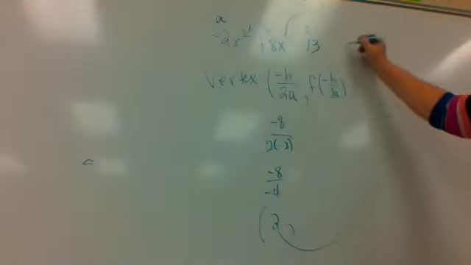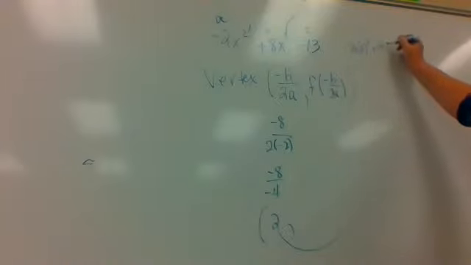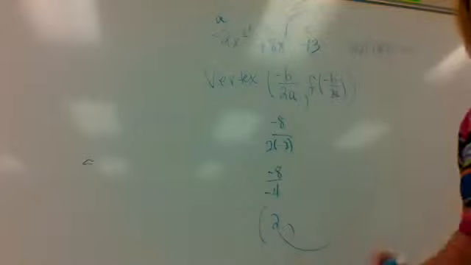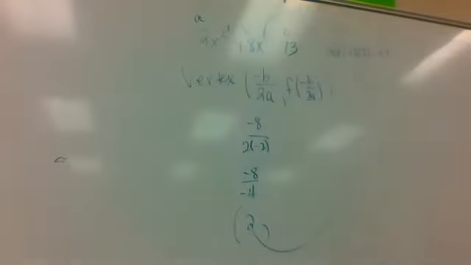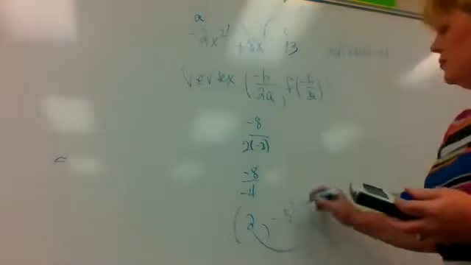So you're going to have negative 2 times 2 squared plus 8 times 2 minus 13. Okay? That gives me negative 5. This is your vertex.